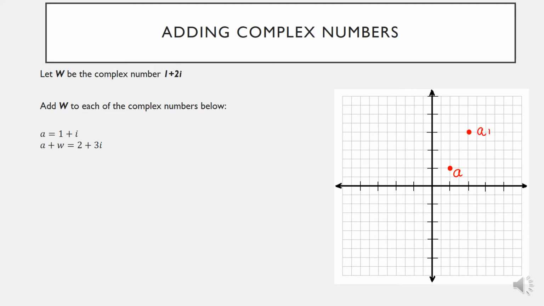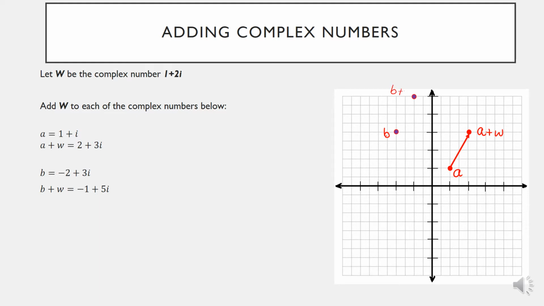So the second dot here is a plus w, and you can see that a has moved 1 to the right and 2 units up. Next we're going to start with b, that's that blue dot here. And we're going to add w to it, so that brings the complex number b plus w to minus 1 plus 5i, which is up here.